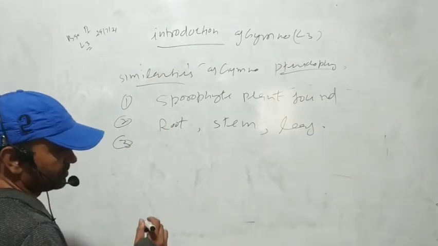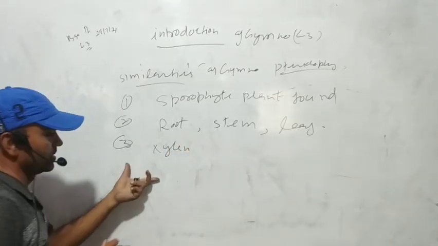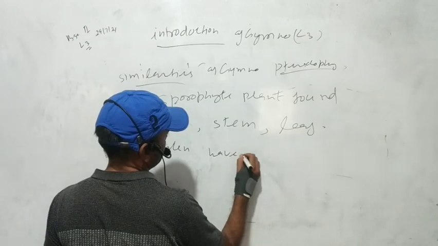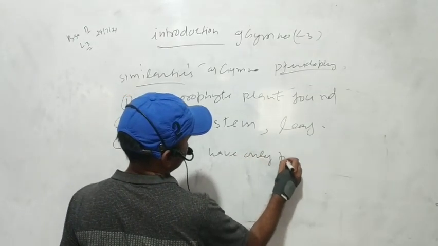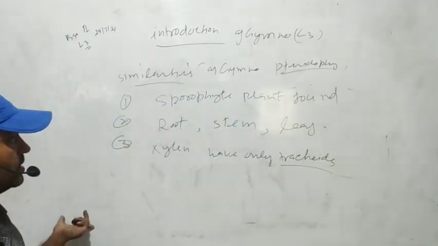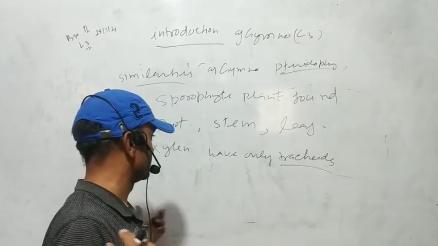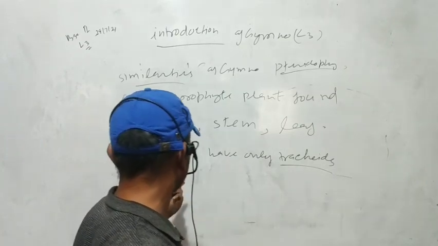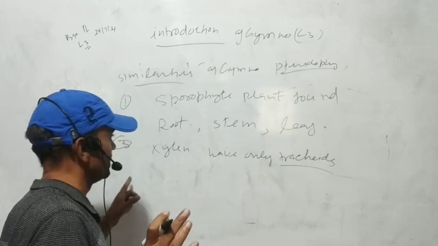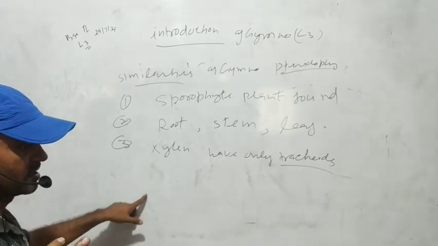Next one is xylem. Main point, remember this: xylem has only tracheids. In the last period I told you the four types of cells xylem contains. Also we can see xylem is made up of four types of different cells. Here we just want to say xylem has only tracheids.